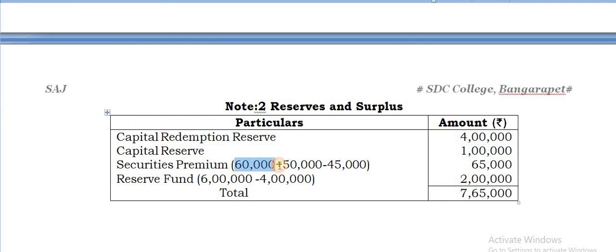Then securities premium. This is what I said. Earlier 60,000 is there in the old balance sheet. To that add 50,000 which is received on the fresh issue of equity shares.